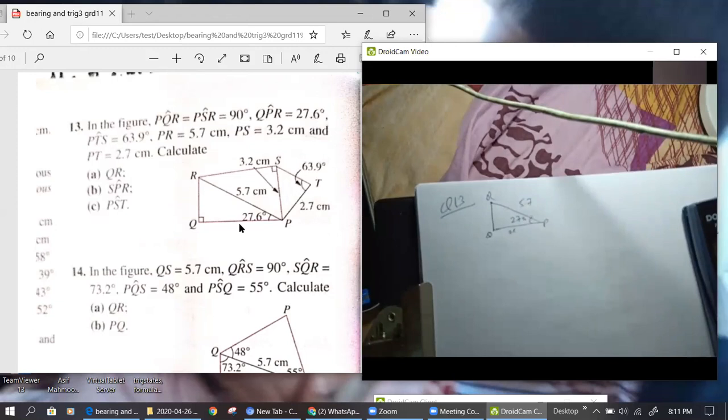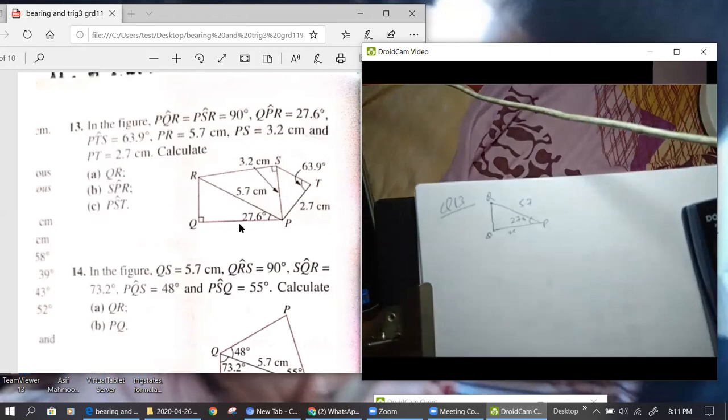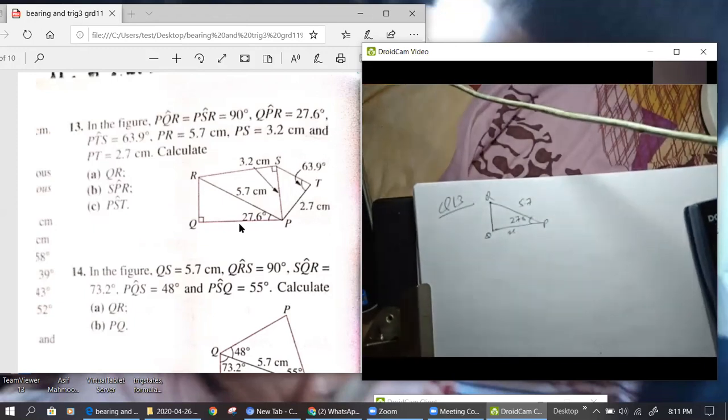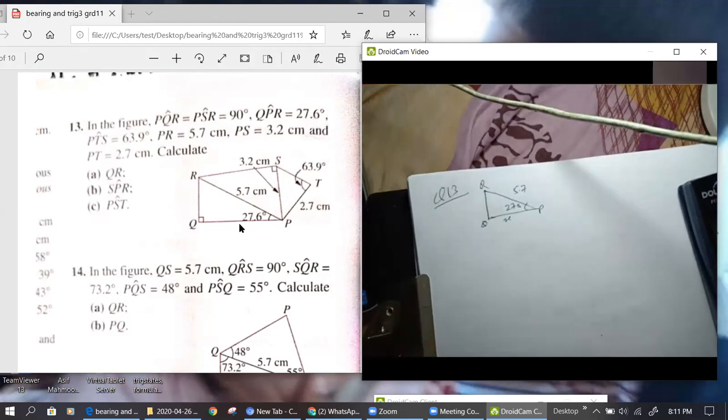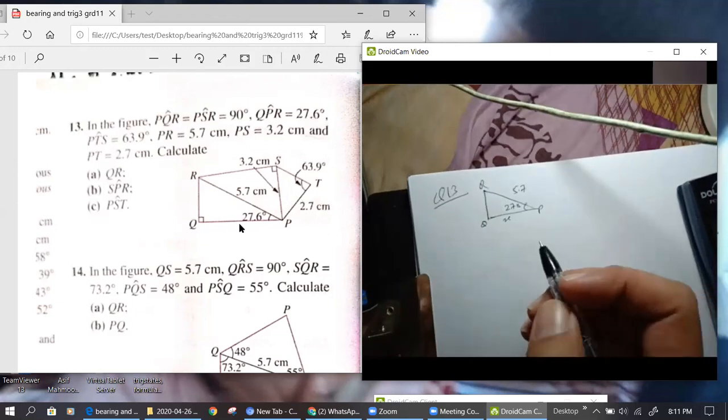Sir, RQ is adjacent, right? Or is it opposite? Of course it's adjacent. So we'll use cosine.